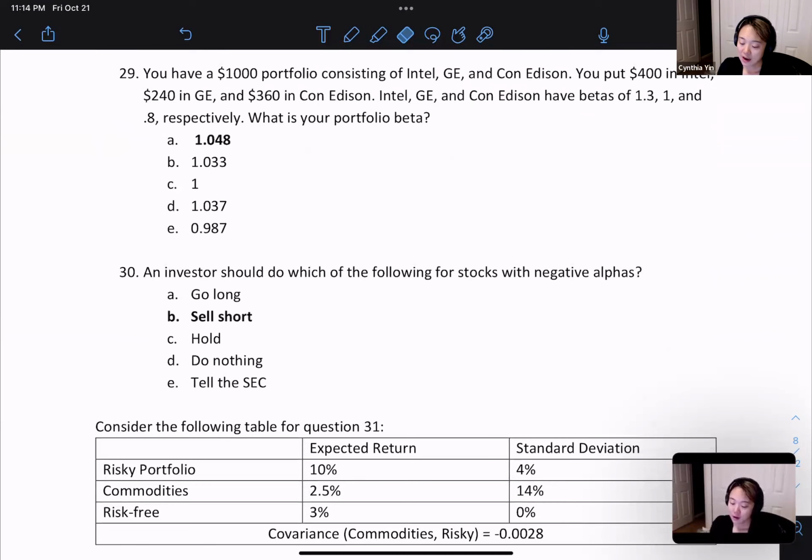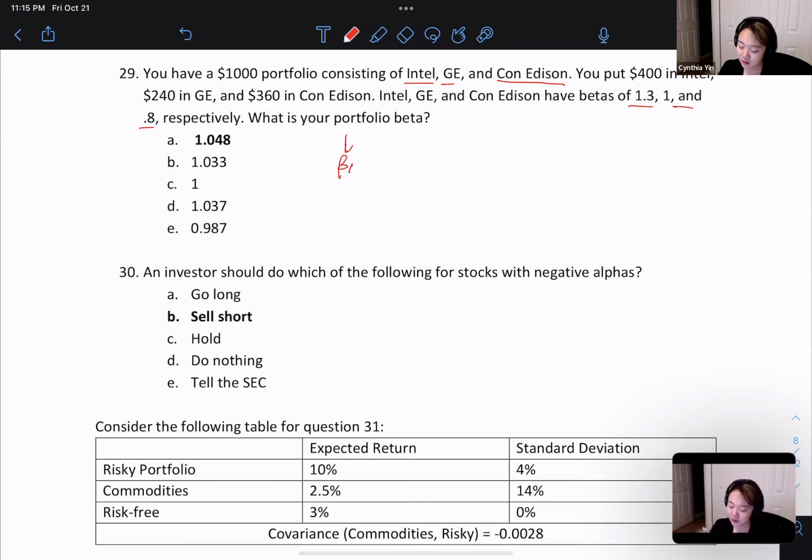29, you have a $1,000 portfolio consisting of Intel, GE, and Con Edison. You put $400 in Intel, $240 in GE, $360 in Con Edison. They have betas of these three numbers. What's your portfolio beta? This one is testing you.